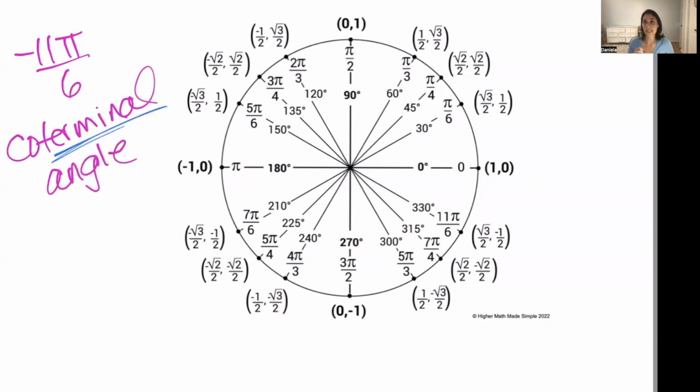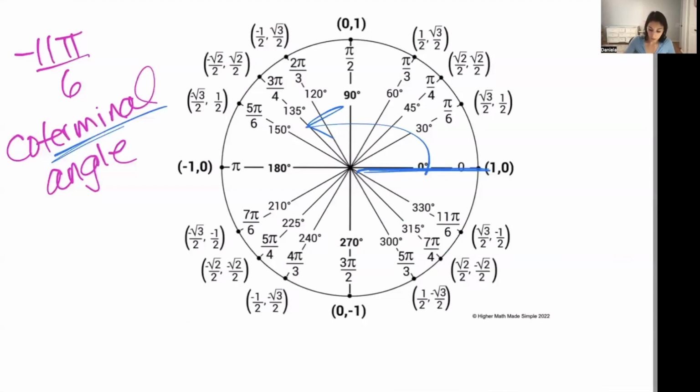Terminal means the ending side. So if you remember before, I was talking about the initial side, or that starting place, which is going to be that positive x-axis. Now, negative and positive angles, it's just directional. A positive angle tells us we're going in a counterclockwise direction. A negative angle would be going the other way around.